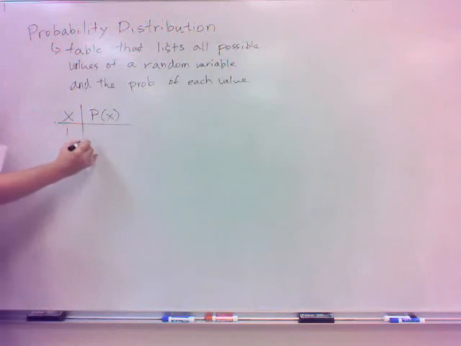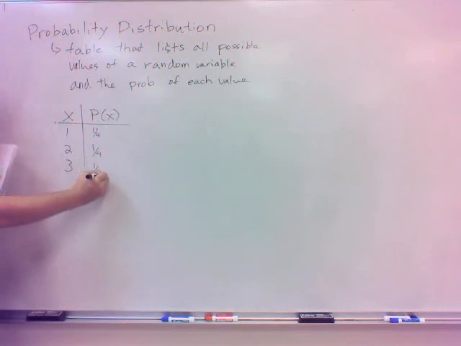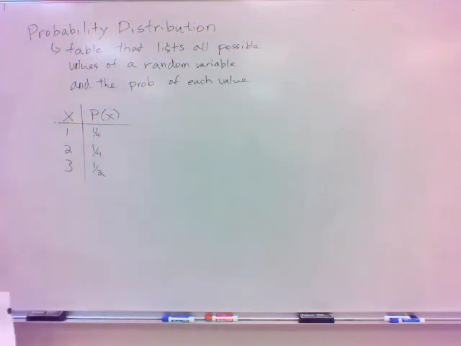But alongside with that, you're going to put the probabilities of each. And the probability of 1 is 1/4, probability of 2 is 1/4, and the probability of 3 is 1/2. So this is what one's going to look like. I just made that one up. It's not tied to anything at all, but just so you know what one looks like.